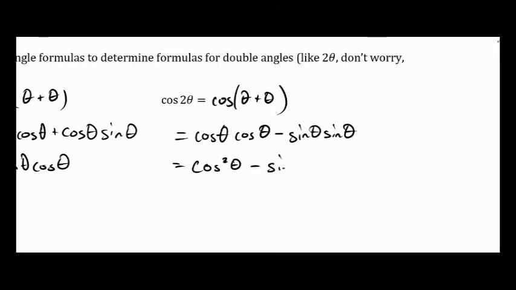So minus sine squared theta, and then it's important to note that because I have squares in here, I can rearrange this a little bit, and in some cases I may want to do that.